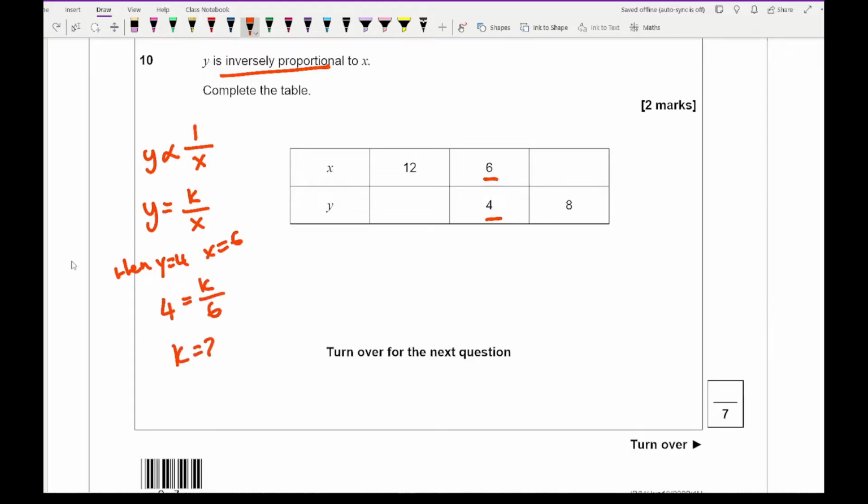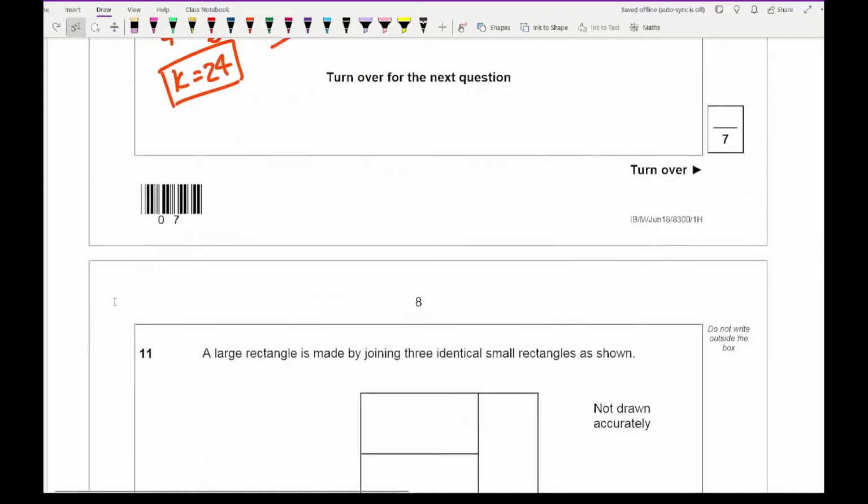So k equals 24. So the formula is y equals 24 over x. So here, 24 divided by x is going to be 2. And 24 divided by 8 is going to be 3. So that number there is 3.